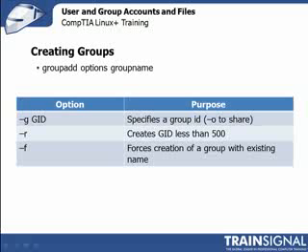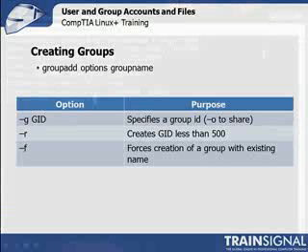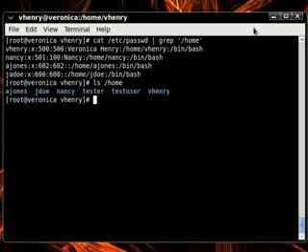Let's go back to our terminal window and create a few groups. Since you'll normally use groupadd without any options, let's try that first. Type in groupadd space, we'll start out with accounting, and hit enter.